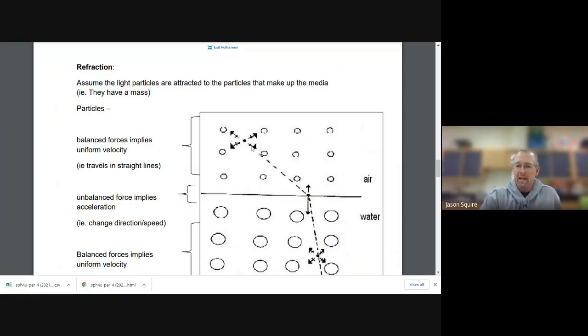It has forces acting in all directions. And if you were to add up all of those forces, you would get a net force of 0. That means that the acceleration would be 0. And that means that this particle traveling in this medium up here would not be accelerating. It would stay at a constant velocity. So that means it's going to travel in a straight line.